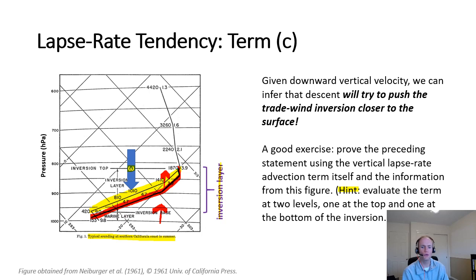Evaluate this term at two levels. One at the top of the inversion and two at the bottom of the inversion. And if you do that, you'll be able to see just how that would lead to a weaker lapse rate here, less positive, at number 1, and a more positive lapse rate here at number 2. That'll be a good question to consider as we get into the discussion forums, or perhaps even a quiz for this material.